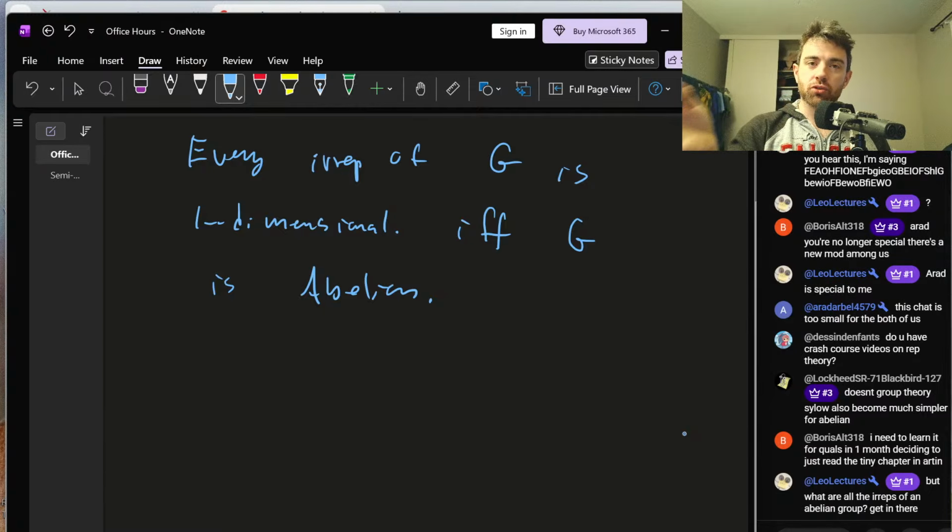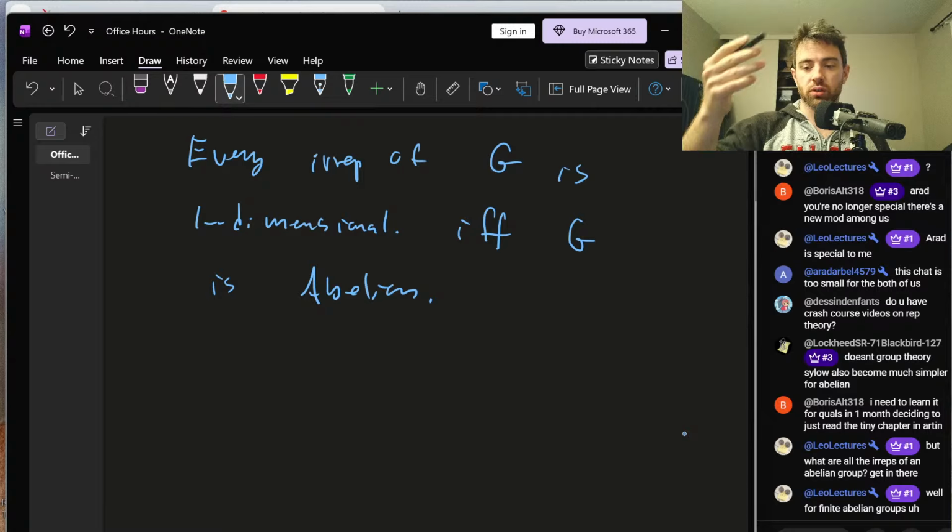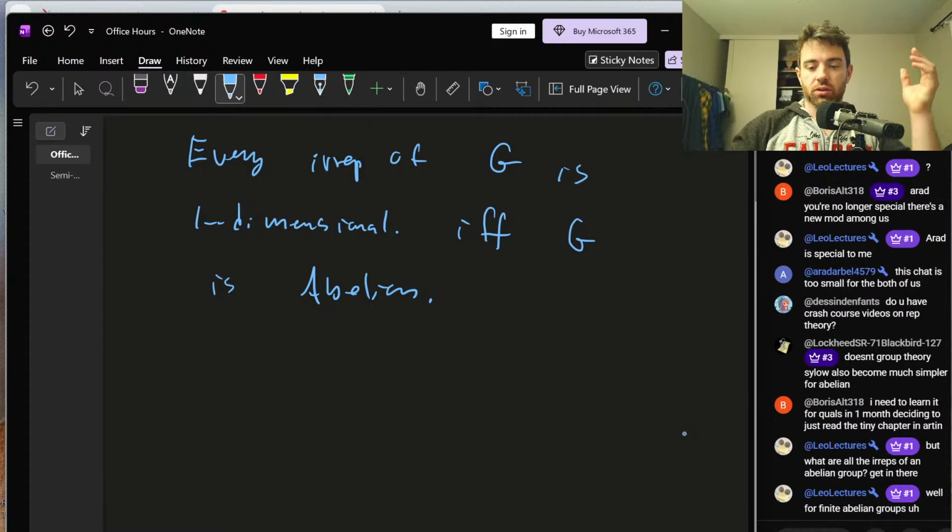But it doesn't become trivial, right? You can say things that are much stronger than the Sylow theorems. For finite abelian groups, you can come up with subgroups of any order that divides it, right?